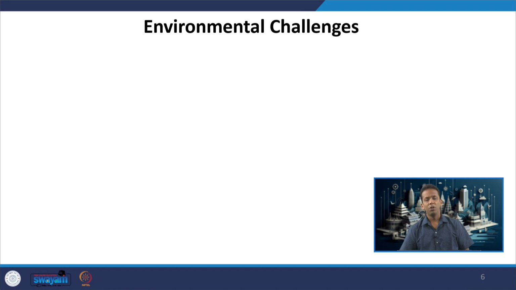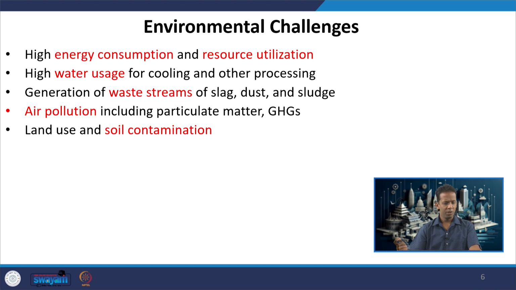With this background, since Tata Steel is involved in the manufacturing of steel and has several operations, they had several environmental challenges. It has very high energy consumption and resource utilization. Look at the magnitude, 12 million tons of steel production per annum. So, the material and energy that would go into that plant would be of the similar magnitude.